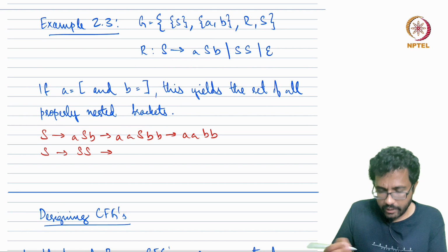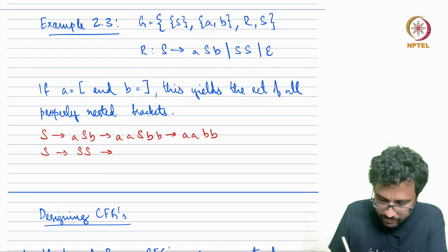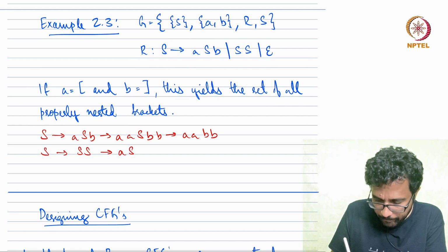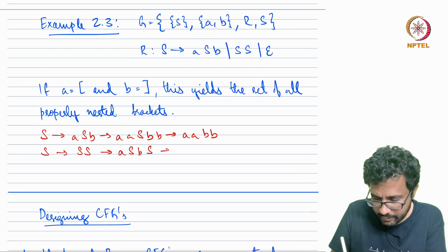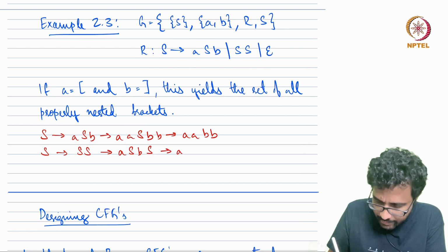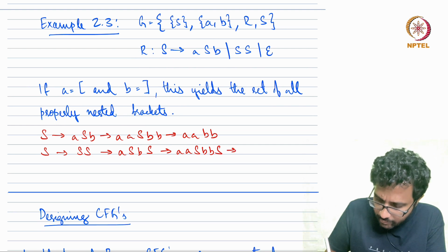Now there are two S's. Let us deal with the first S: aSbS. First S again: aaSbbS, then aabbS.